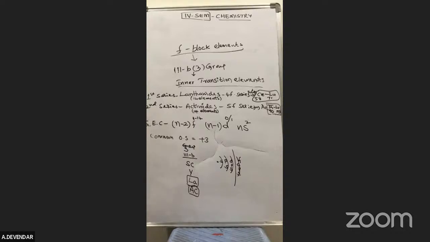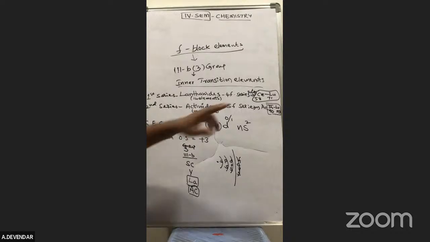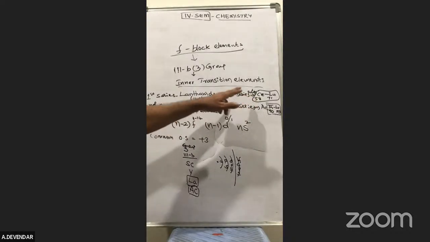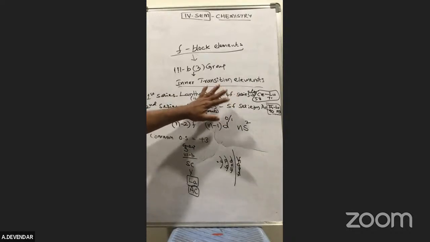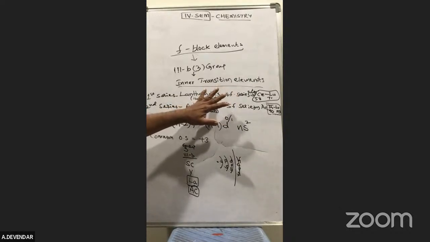And also cerium is used for preparing sunglasses. A cerium film is coated, and UV protection is provided by this cerium. That's why cerium is used in sunglasses for protection. And also these lanthanides are used in lasers, that is, laser technology.